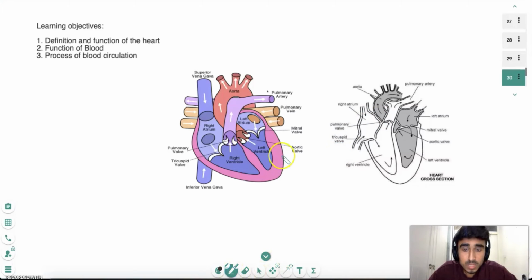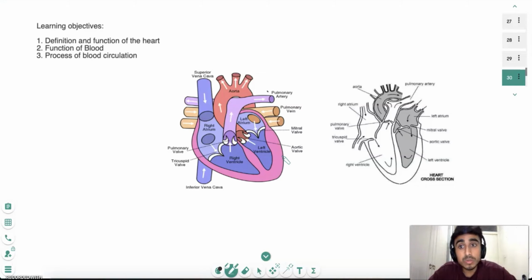The first thing we need to understand is that there are two types of blood vessels. Blood vessels are like pipes, and inside a pipe you've got water that flows through it. Just like that, inside these vessels, blood flows through. It's a huge network that runs through the whole human body, and the whole point of these blood vessels is to carry blood from the heart to the muscles, or from the muscles or organs to the heart.